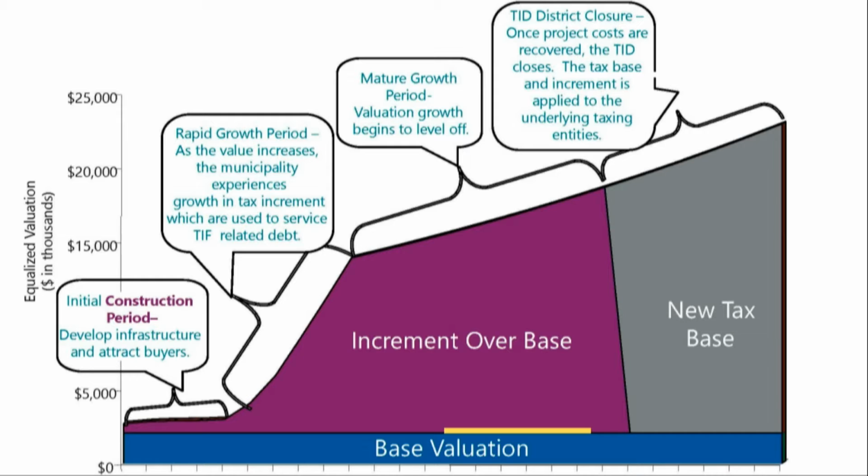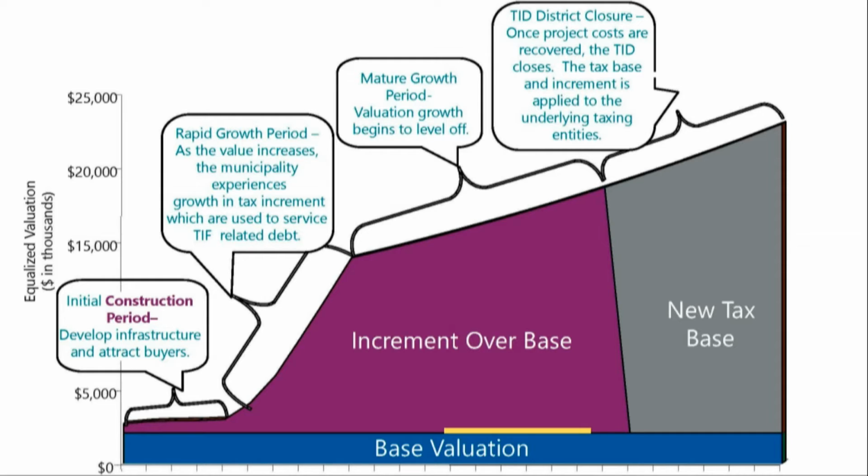You can see at the beginning a slower escalation in the TID increment that would be generated. There's a growth period in the middle, and then what they call the mature growth period at the end, where it steadily increases.